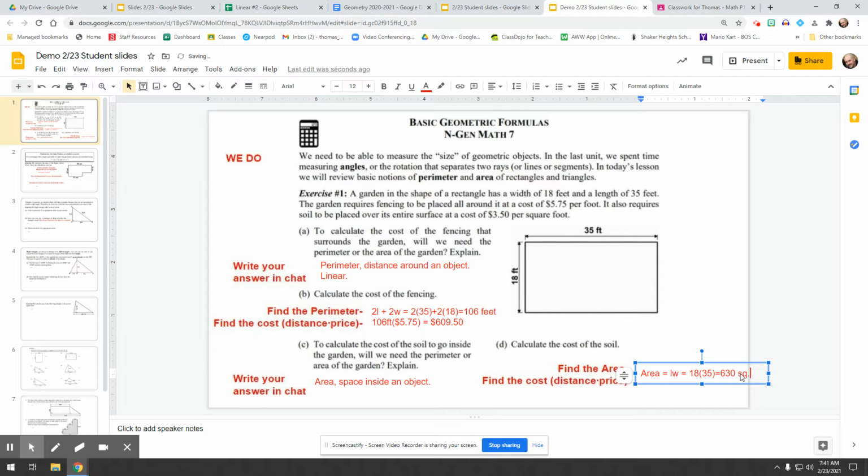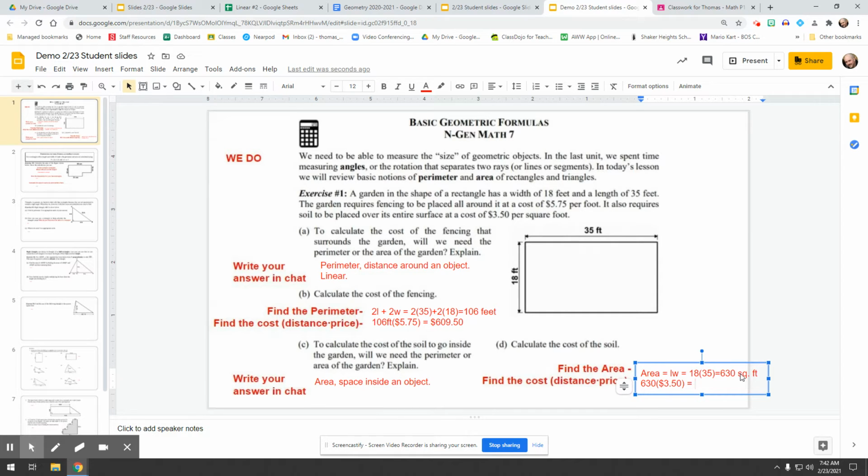I'd say square feet this way, just to make it easier to type, but you could also use an exponent for the feet, and that's the way you would write it with a pencil usually. So now that we know that it's 630 square feet, you have to multiply that by the cost per square foot. And you know it's $3.50 for each one. So what is the total cost?